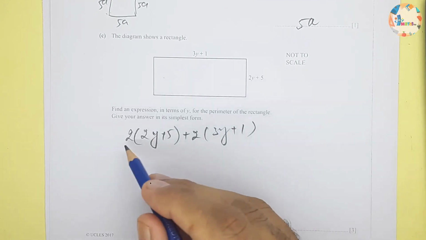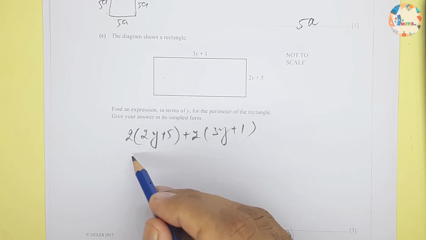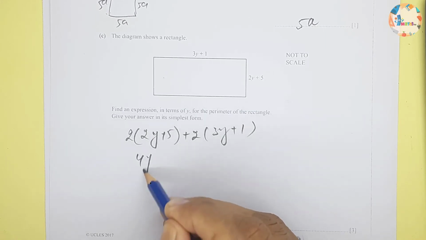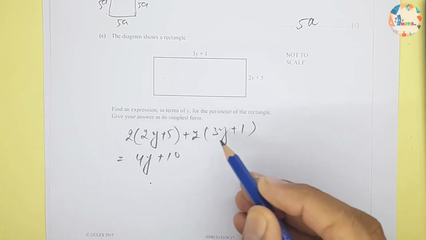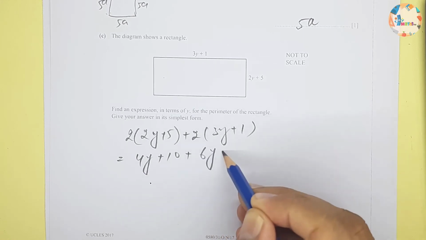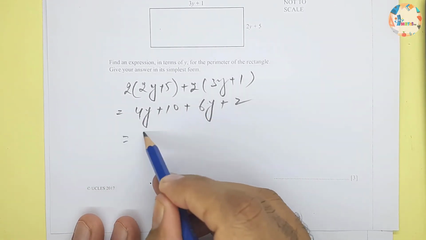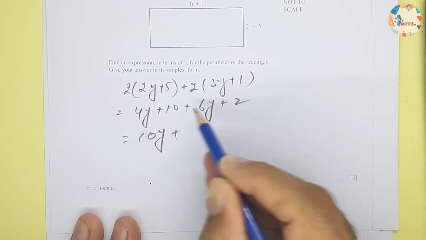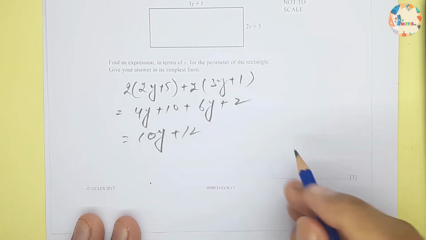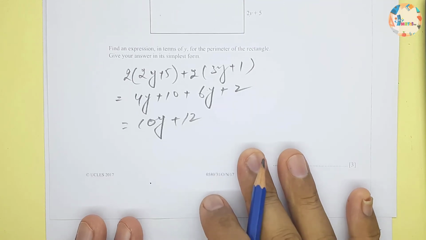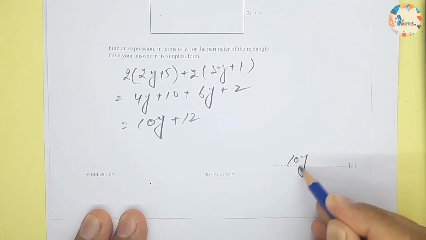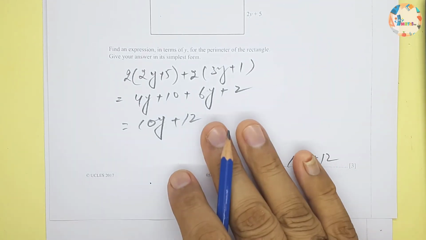We can multiply these out, like 4y plus 10 plus 6y plus 2, and we can further simplify. This will be 10y plus 12. So this will be our final answer, which is 10y plus 12. Hopefully you understood this as well.